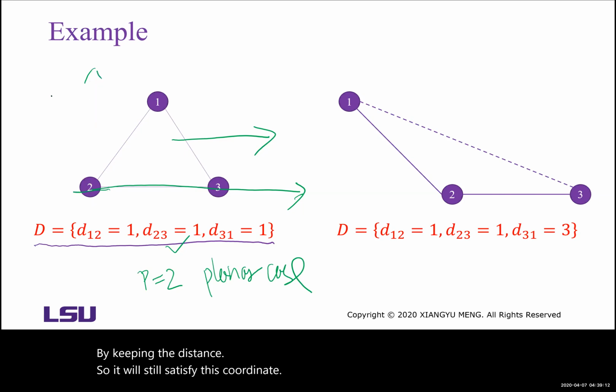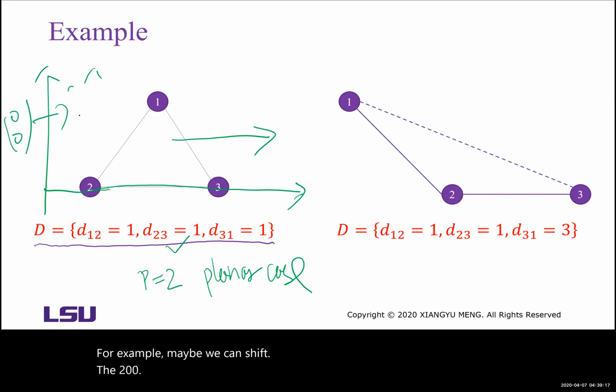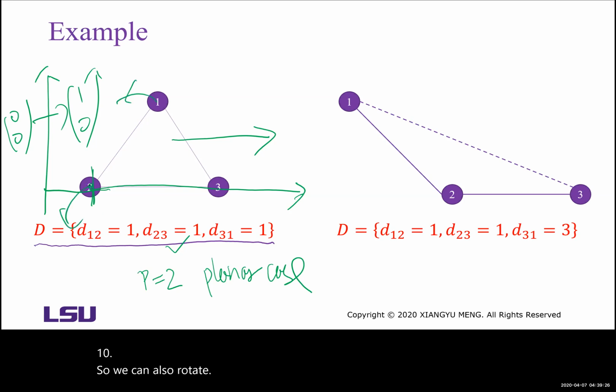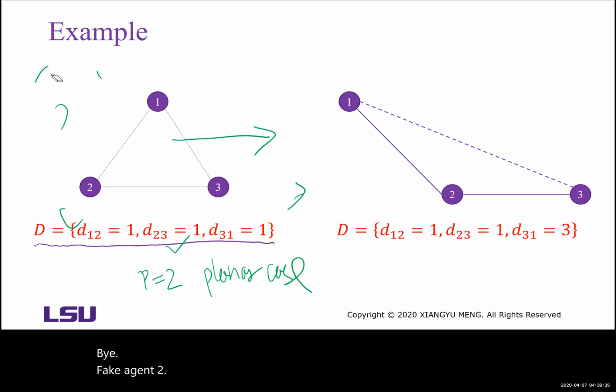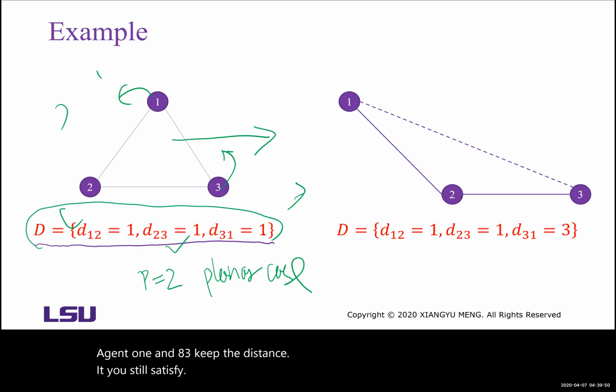For example, maybe we can shift the 0, 0 by 1, 0. We can also rotate. For example, by taking agent 2 as the origin, then rotating agent 1 and agent 3, keeping the distance, it will still satisfy this distance constraint. The shape is not changed.